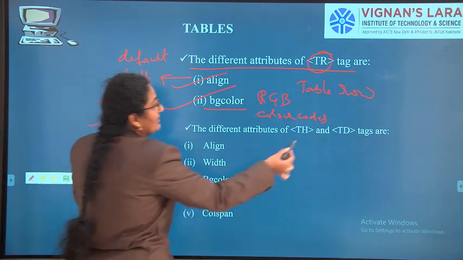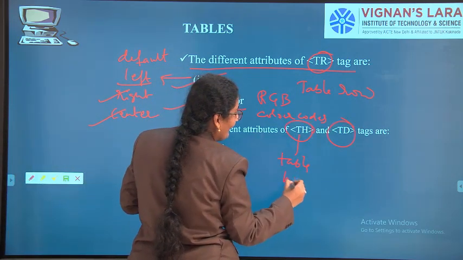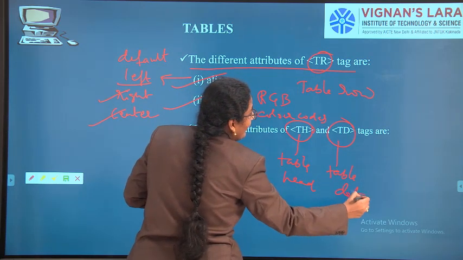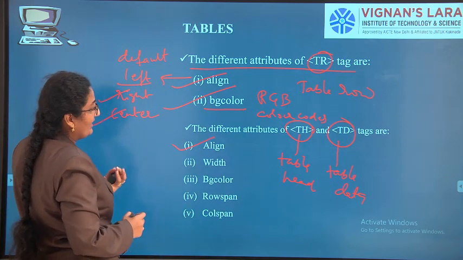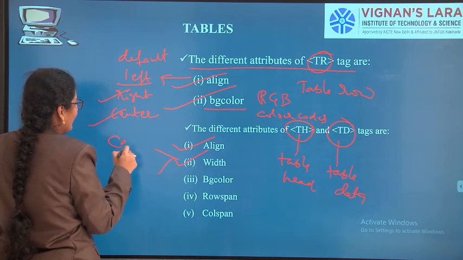Next one is table head and table data. TH is table head. TD is table data. What attributes do they have?